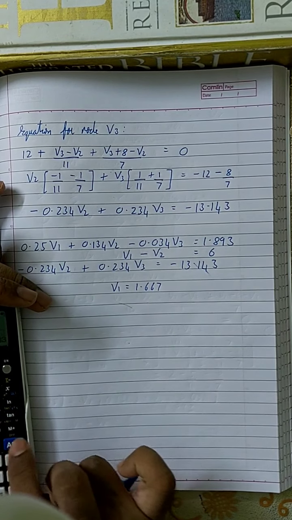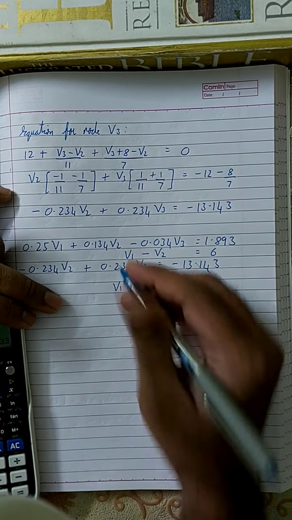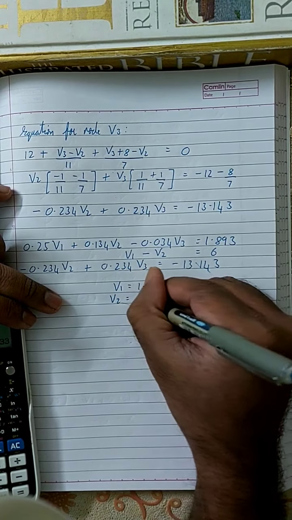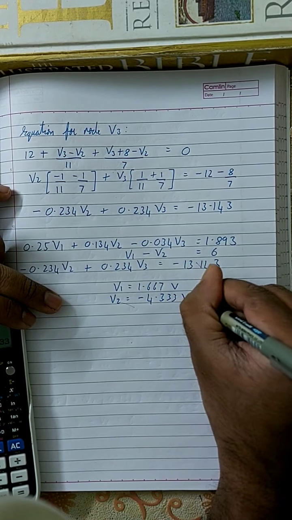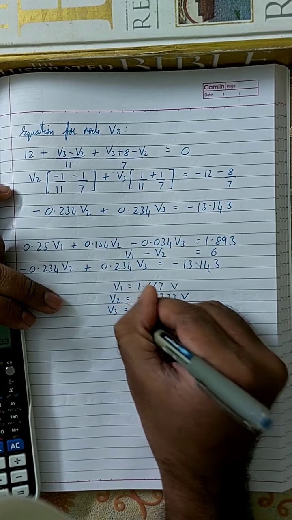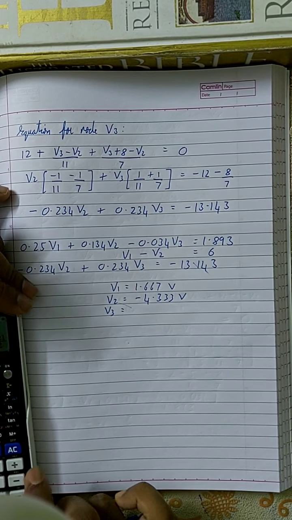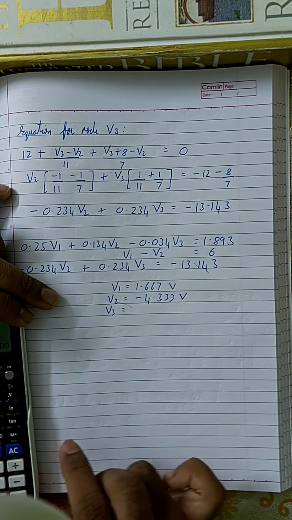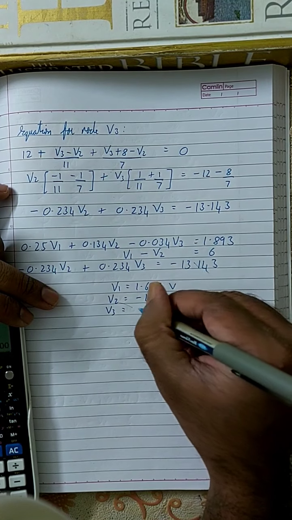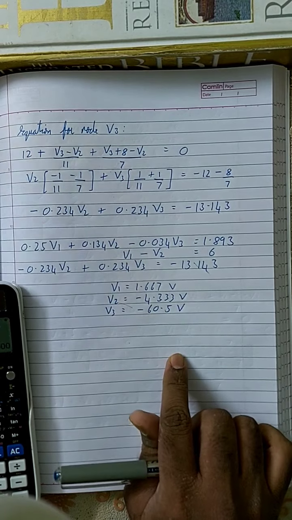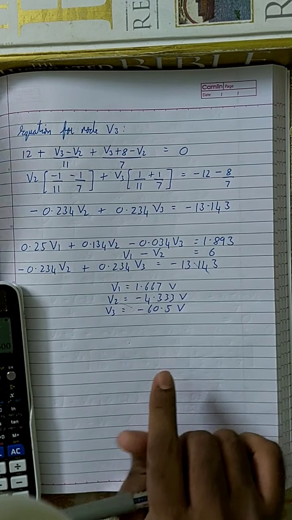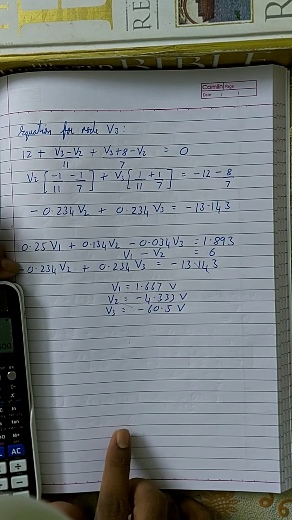V2 is equal to minus 4.333 volt. And V3 is equal to minus 60.5 volt. Right, let me check the answer. Yeah, this is okay. So this is the answer, V1, V2 and V3.